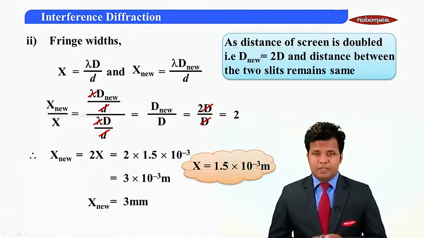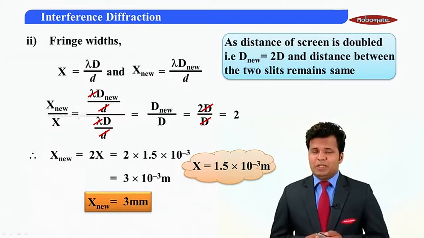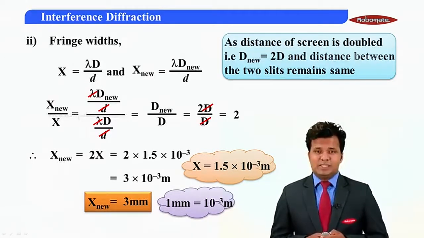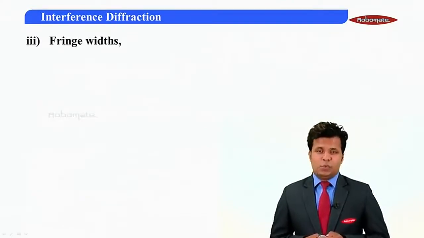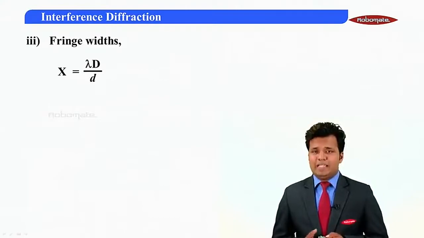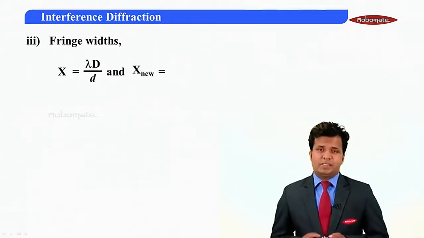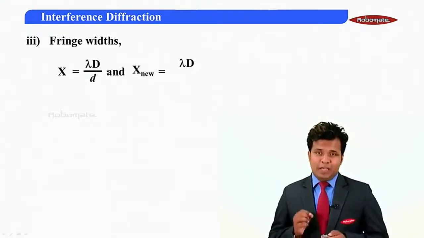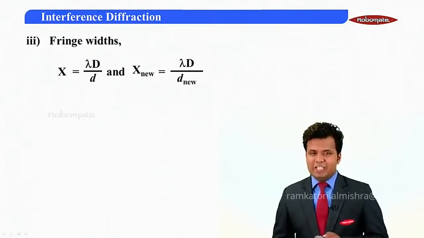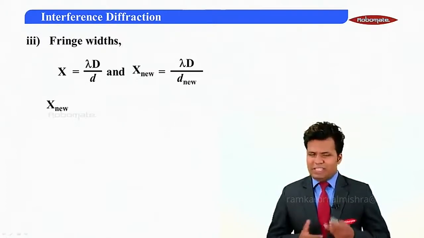The third part is when the separation between the slits is doubled. X is lambda D by d, and X new is lambda D by d new.